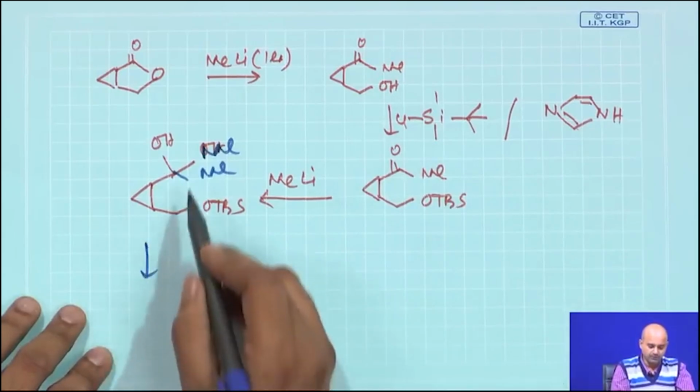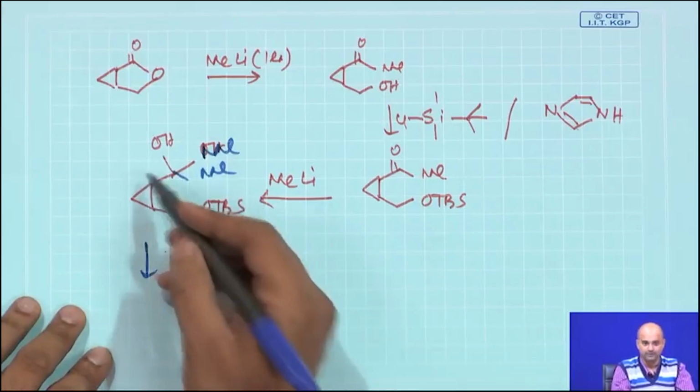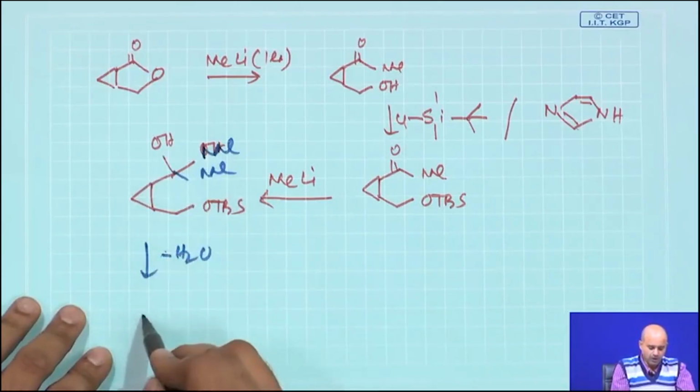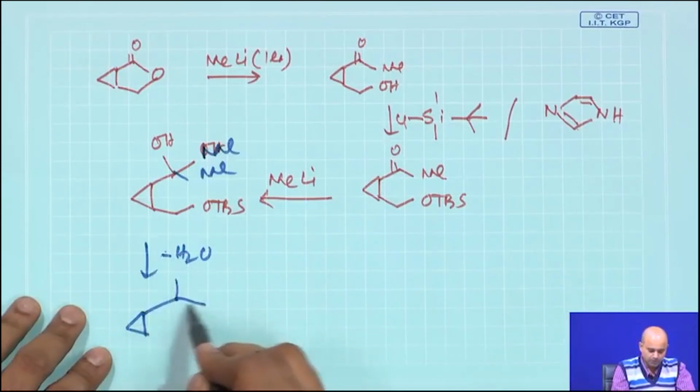Now, here you can convert this alcohol to its corresponding tosylate or mesylate, or just do a simple water elimination of the tertiary alcohol, and you will find that you get the target molecule quite easily.